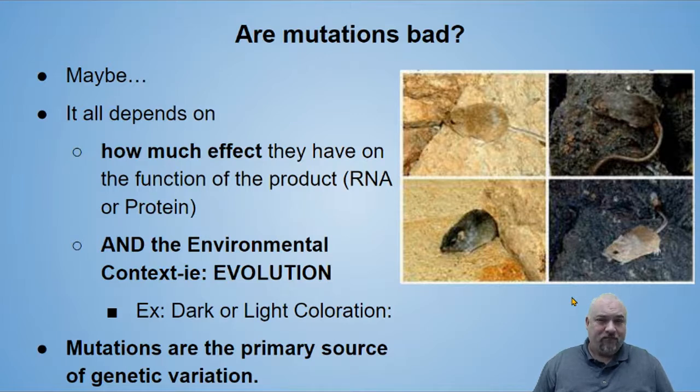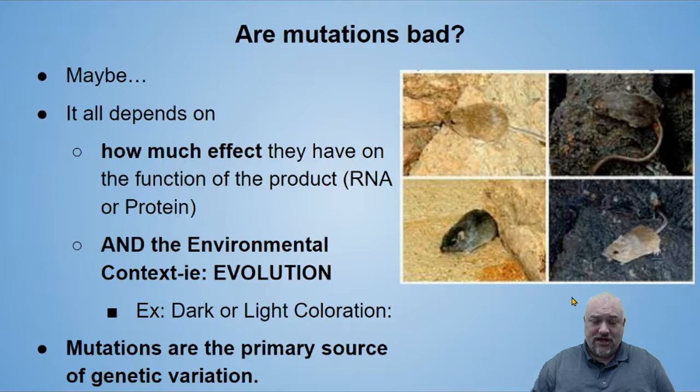But for the ones that don't do those types of things, it kind of all depends on how much effect they have on the function and the product. So how much does the mutation affect the polypeptide or the RNA, and the environmental context? Think back to evolution. Okay, we're all talking about survival of the fittest, right?